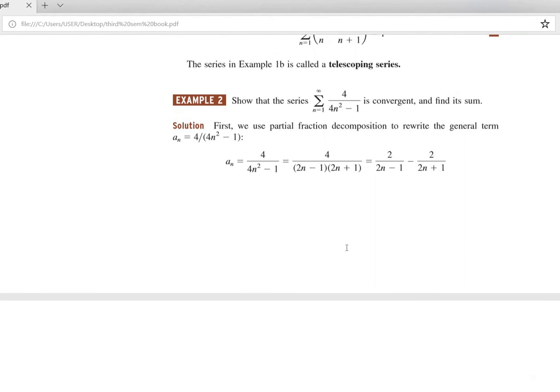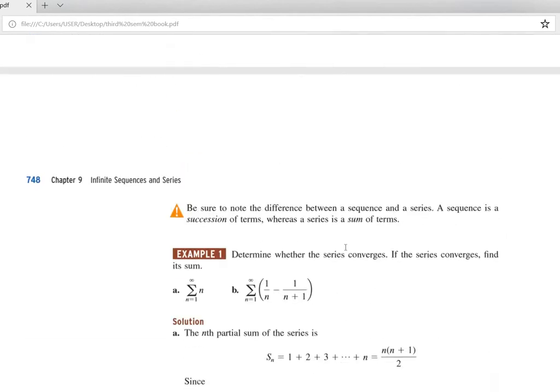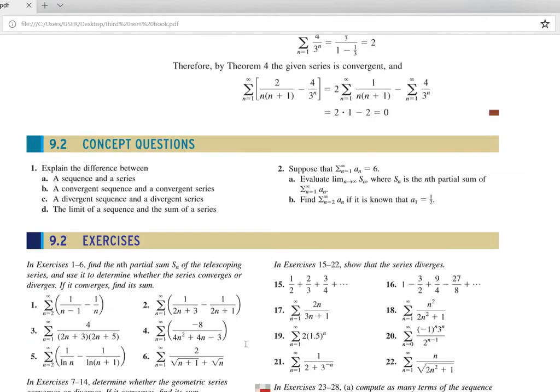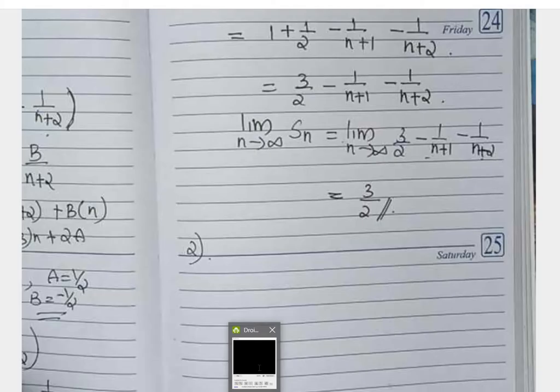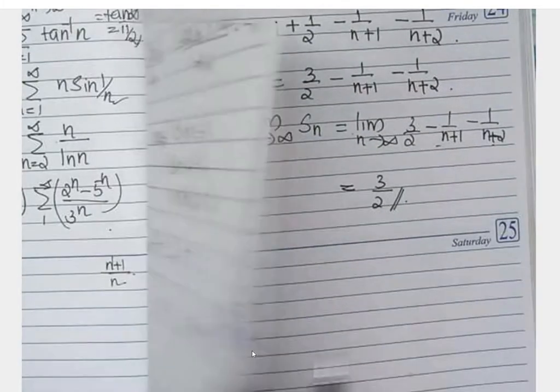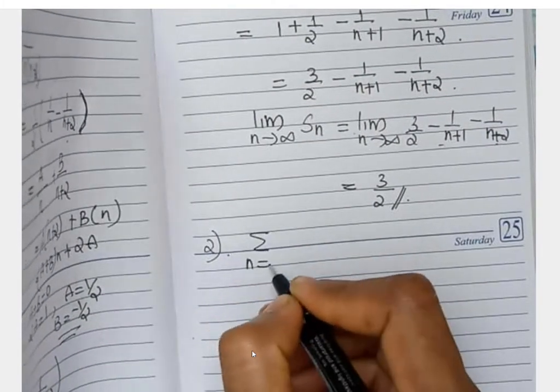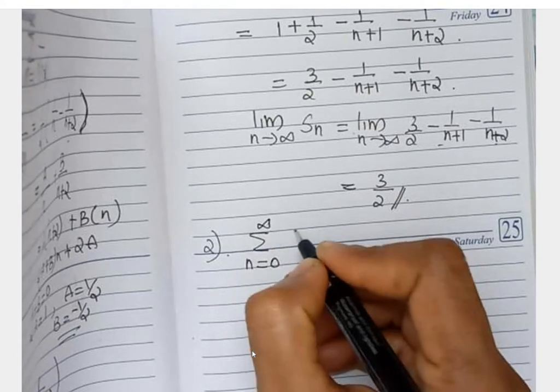How can we see that? That is, if the limit of the partial sums is equal to s, the series converges and has sum s. Using this assumption, we are doing this. Okay, so consider the next question: sigma n equal to 0 to infinity 2 by 5 raised to n.